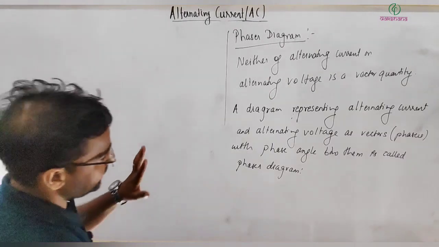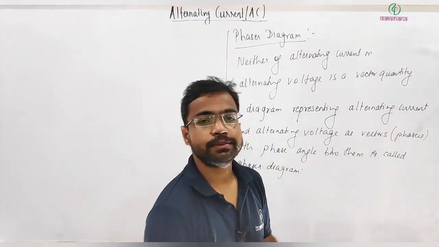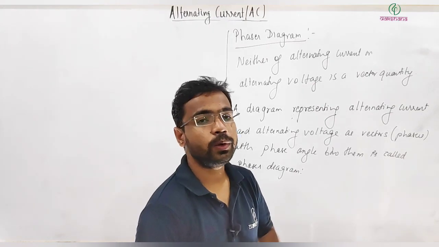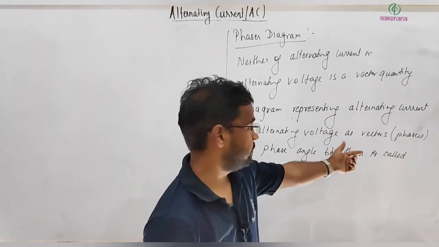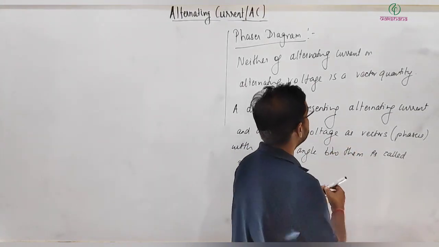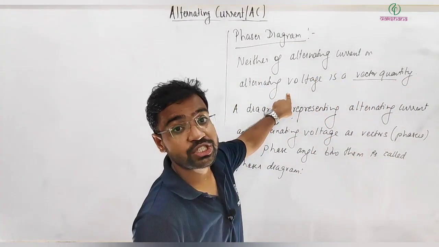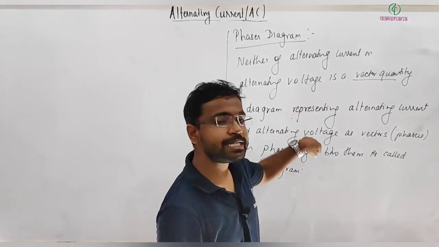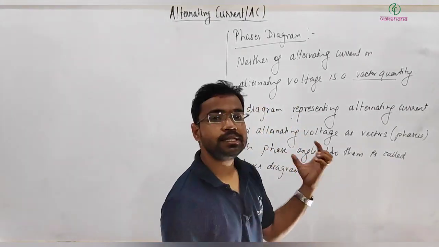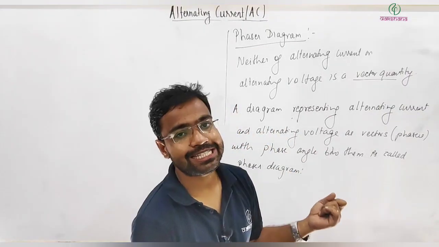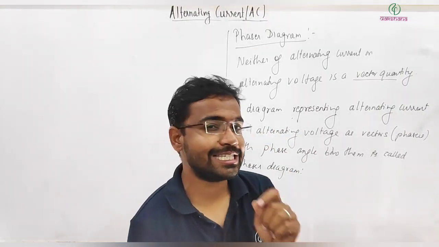Phasor diagram is a diagram representing alternating current and alternating voltage as vector. Remember, as vector, and I told it clearly that both of these quantities are actually not vector, but we represent them as vector just to make the calculation, make understanding AC or alternating quantities easy.